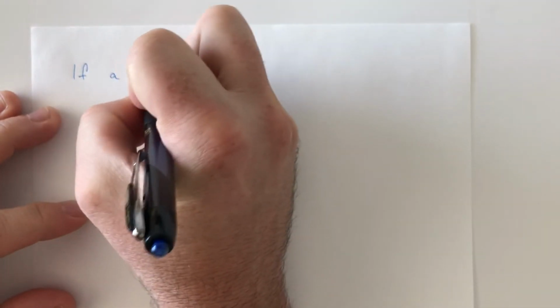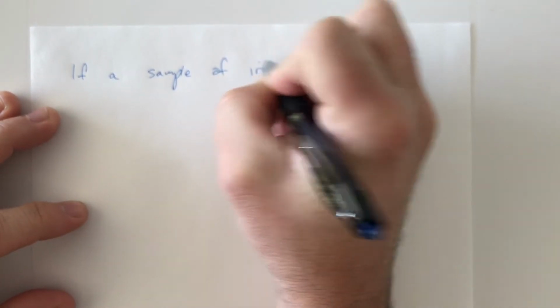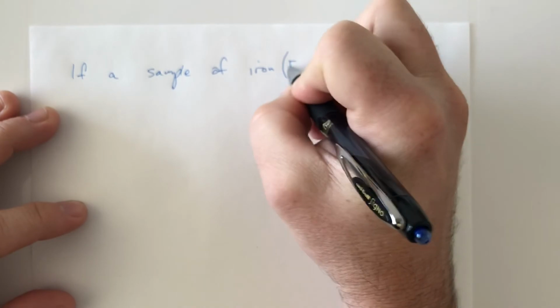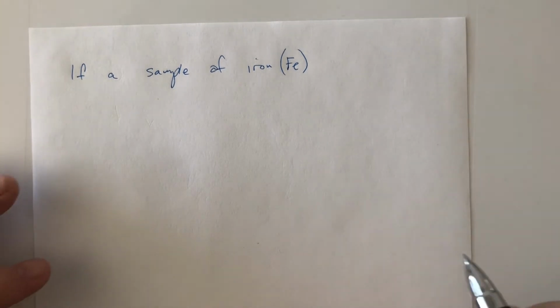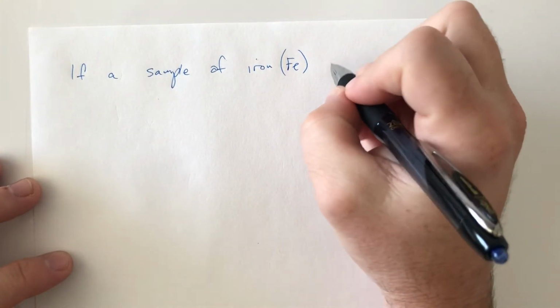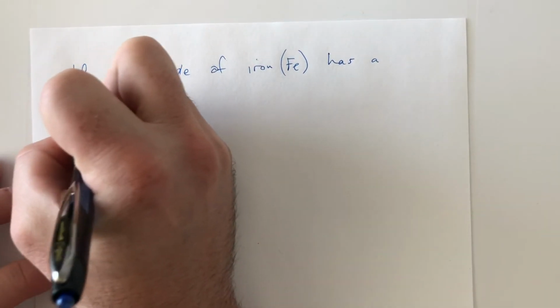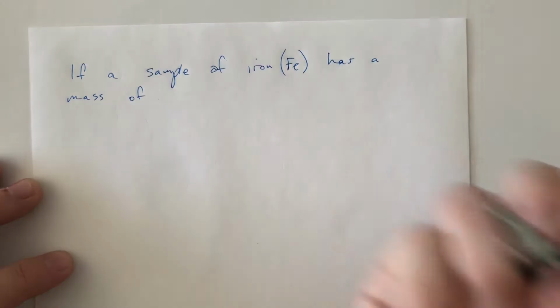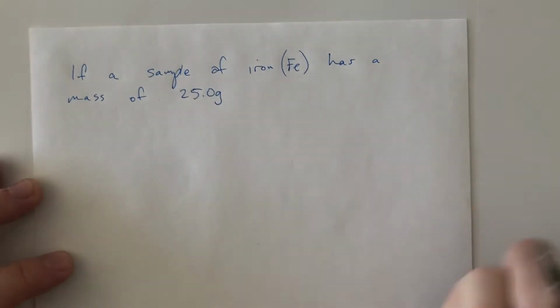So we want to know if a sample of iron, which is element Fe on the periodic table, which we haven't even mentioned yet, has a mass of, I don't know, 25.0 grams.